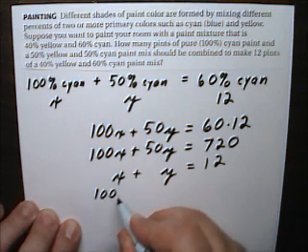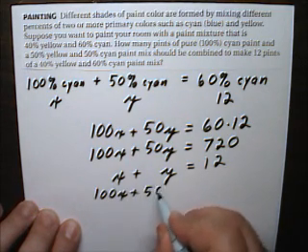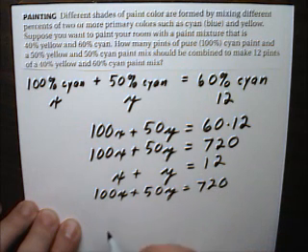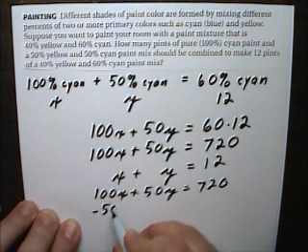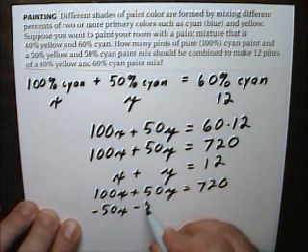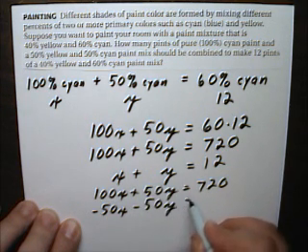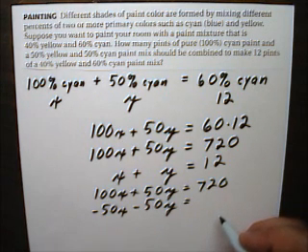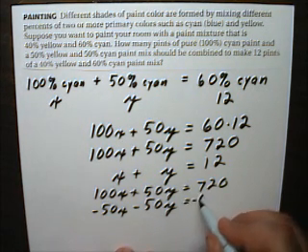So I'll repeat the first equation just as it is, and I'll multiply the second equation by negative 50, and 12 times negative 50 is negative 600.